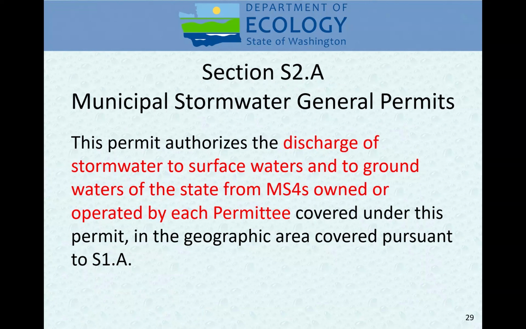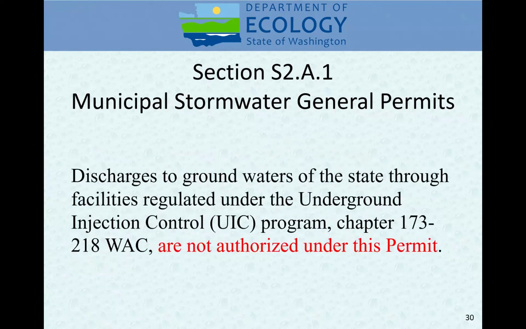And S1A lists the names of the jurisdictions that are covered. But then in S1A1, the very next paragraph, we say discharges to groundwaters of the state through facilities regulated under the Underground Injection Control Program are not authorized under this permit.